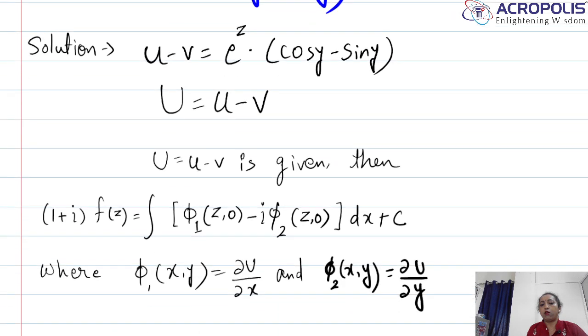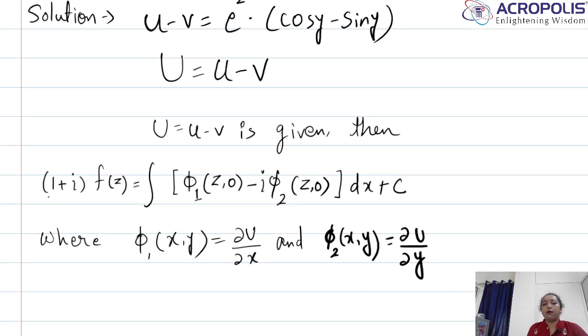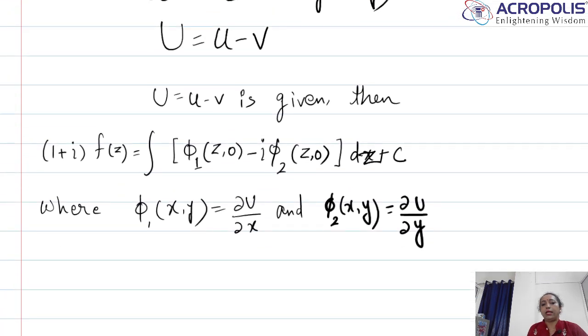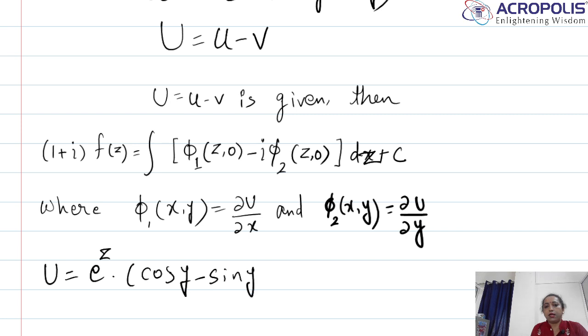The formula of Milne-Thomson's method says (1 plus i) f of z is equal to the integral of (phi 1 of z, 0 minus i phi 2 of z, 0) dz plus c. So first of all we will calculate del u by del x. Here u is equal to e to the power x dot (cos y minus sin y).